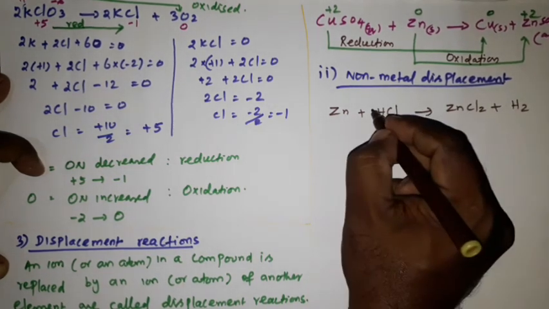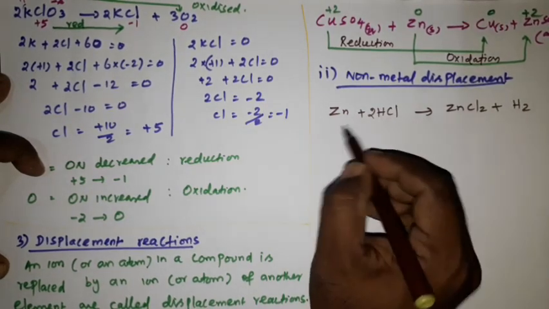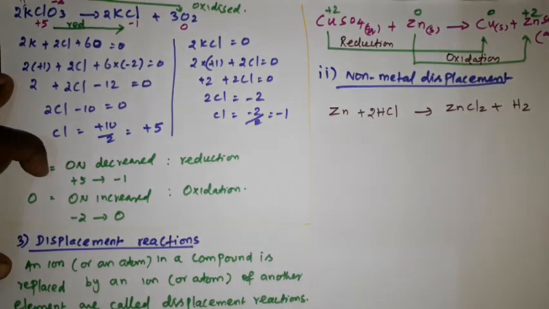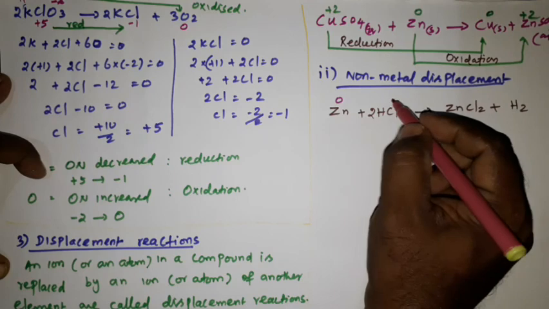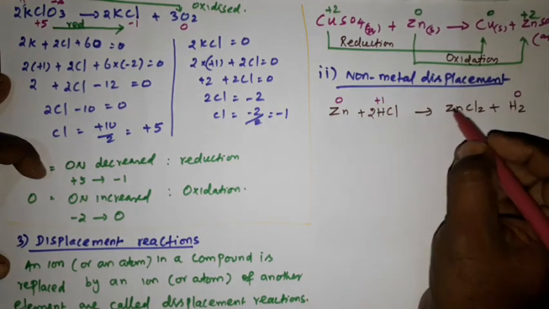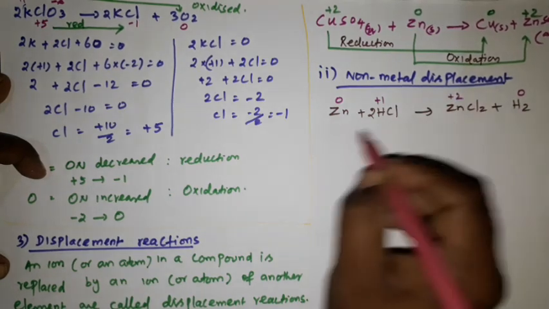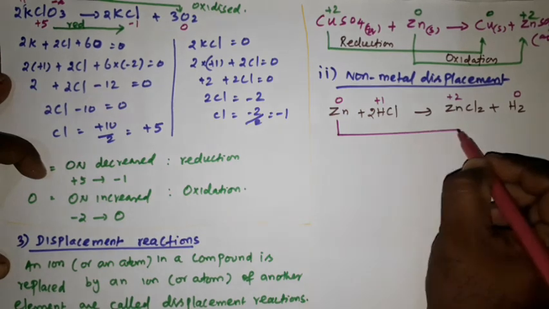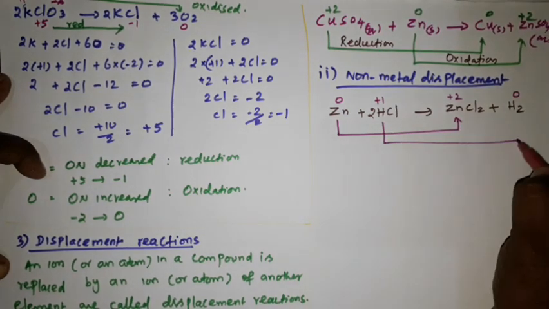Balance the equation, put 2 here. Then that's all, this equation is balanced. Now assign oxidation numbers. This is 0. Here hydrogen is always plus 1. Here it is 0. So here it will be plus 2. Zinc is oxidized and hydrogen is reduced.